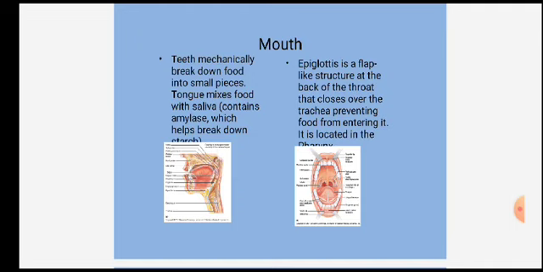What is the function of the tongue? The tongue mixes the food with saliva, and the saliva is secreted by the salivary glands. The saliva contains different types of enzymes, such as the amylase enzyme, which is responsible for breaking down the food material in the mouth.